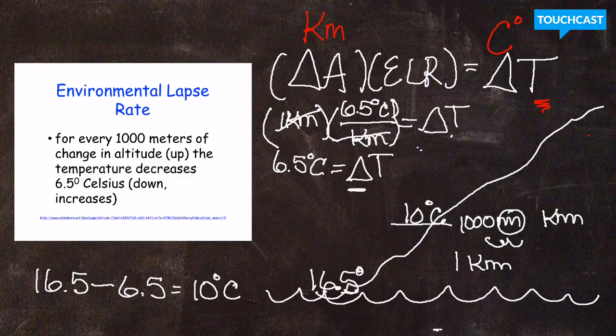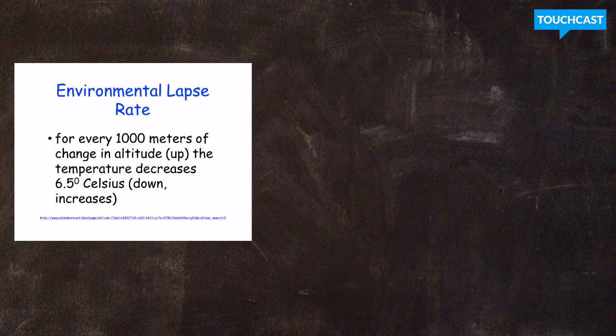Now, how do you know whether it's going to be minus or plus? Well, if we're going down the mountain, temperature is going to increase. If we're going up the mountain, temperature is going to decrease.